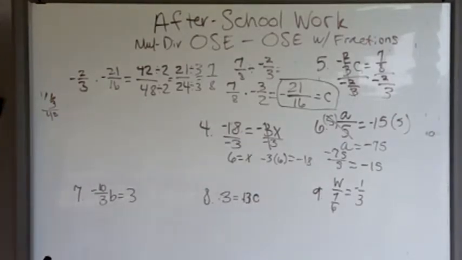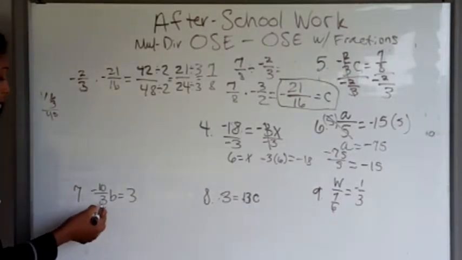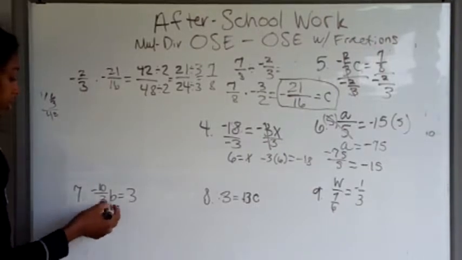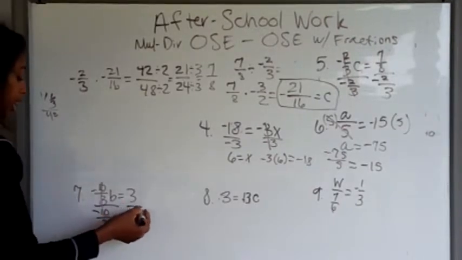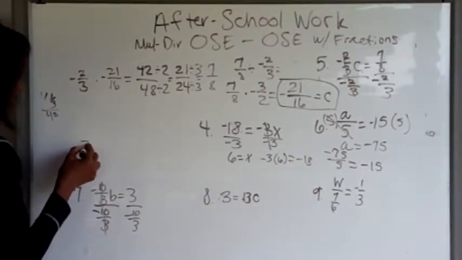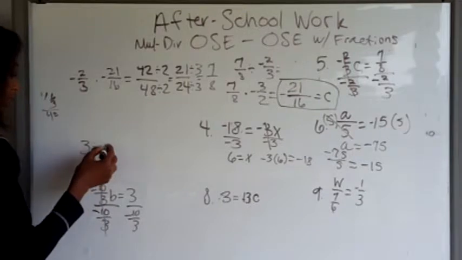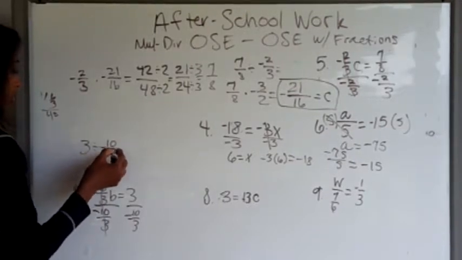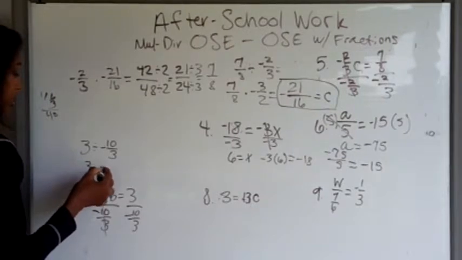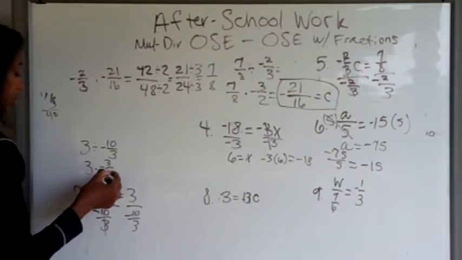Alright, so for number 7, we have negative 10 over 3 times b equals 3. So we're going to divide by negative 10 over 3. Those cancel out. Then we divide by negative 10 over 3 on this side. So we have 3 divided by negative 10 over 3. So 3 times negative 3 over 10.